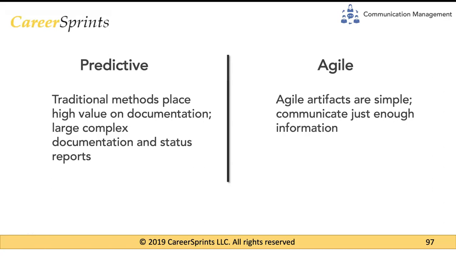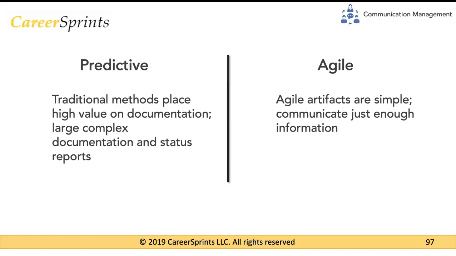For example, you can use a physical Kanban board where you take a poster, you draw a couple of columns there, and you present the tasks or the user stories that you're building in a visual manner. You can place it in an obvious area in your office where anyone who walks by can look at the Kanban board and get an at-a-glance update of what's really happening in the project.